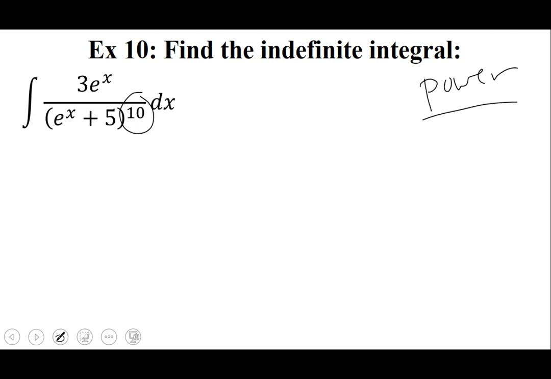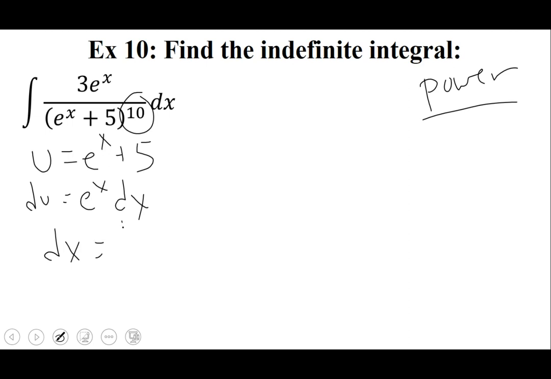And because of the fact that the entire bottom is in the power of 10, we're going to make the entire bottom e to the x plus 5. That's going to be our u. Du is equal to e to the x dx. And again, the derivative of a constant is always 0. So dx is going to be equal to du over e to the x. When we go to simplify, we have 3 e to the x on top.